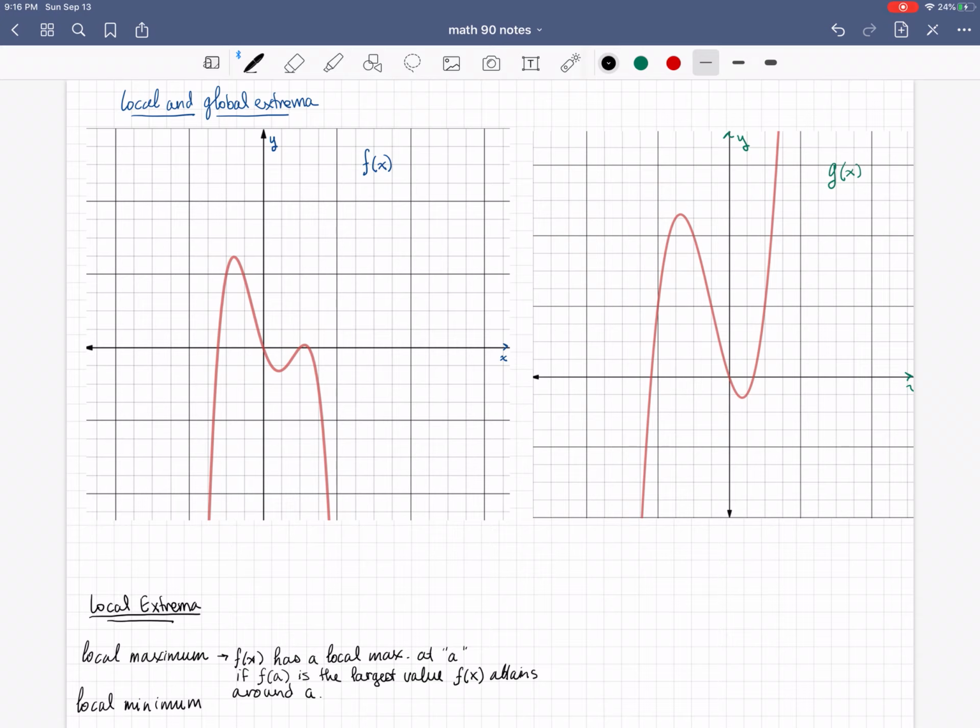Okay, so essentially we're saying that you've got a local maximum if you can identify a little window around which f of a is the largest value the function attains.